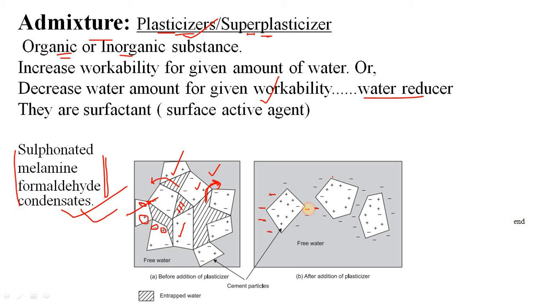So obviously the same charge always repels each other, and these particles move away from each other, and the entrapped water is released to the matrix or to the concrete environment. This contributes to the workability. Now your strength is also maintained and workability is also maintained. You can cast your concrete up to your desired level. That's all about admixture.